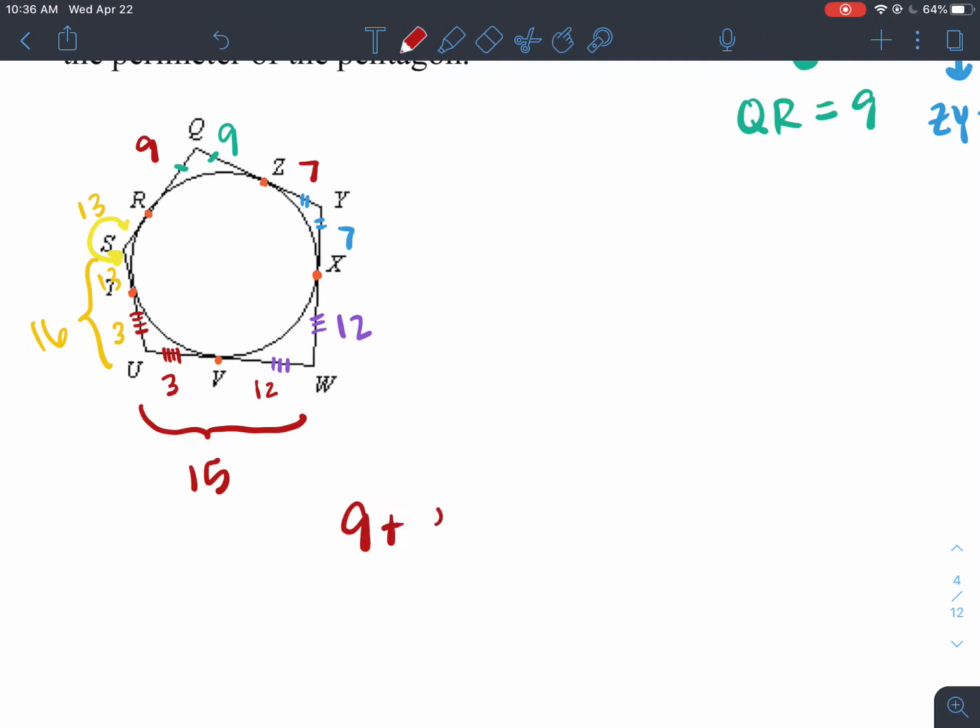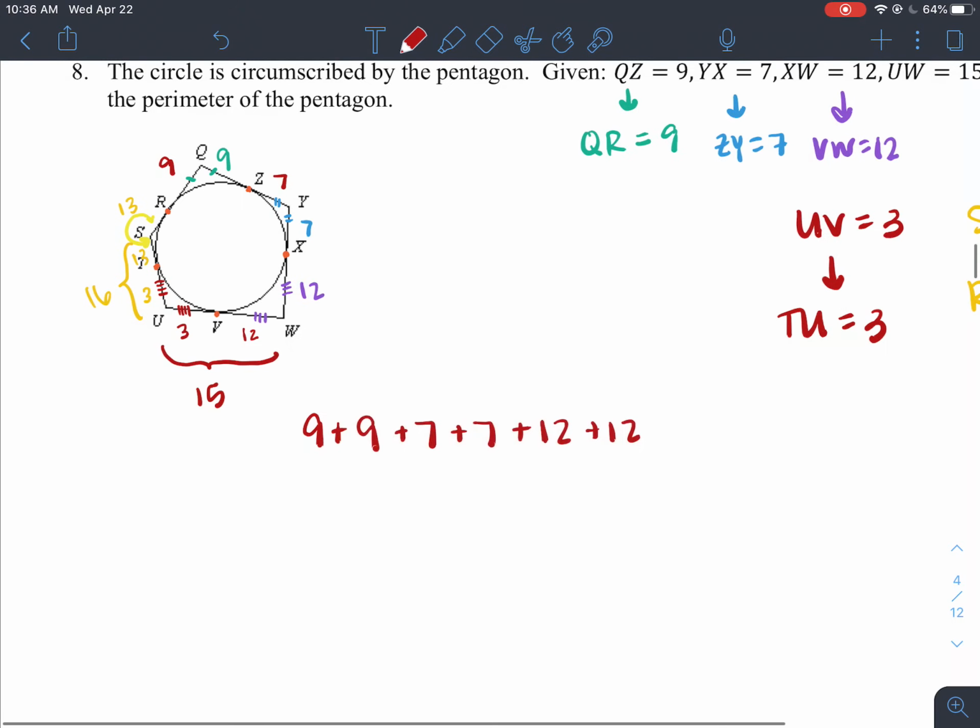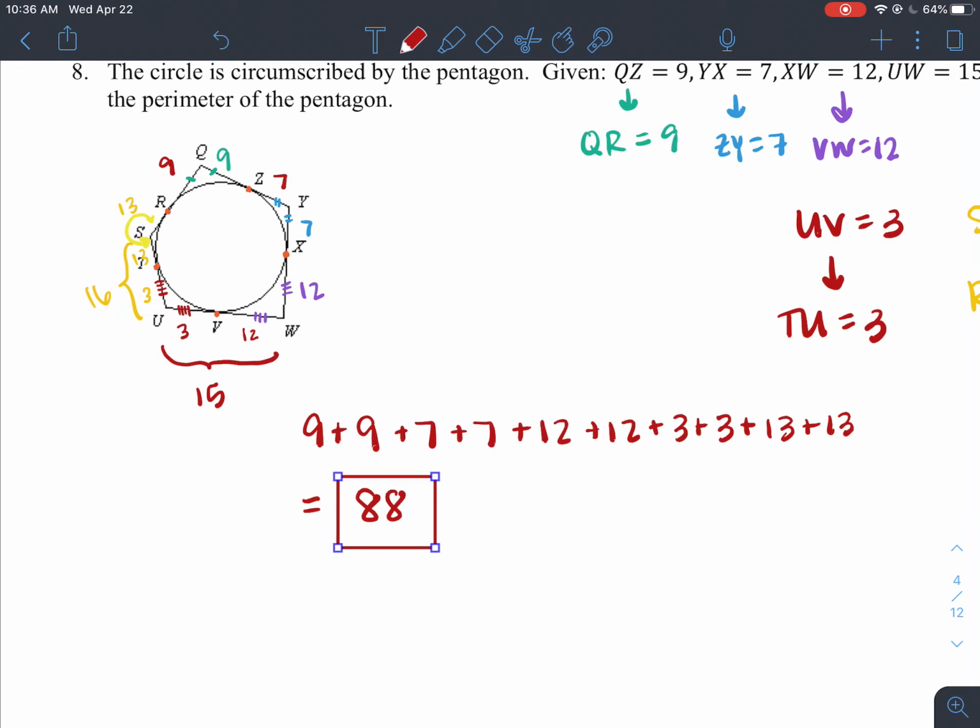So I have 9 plus 9 plus 7 plus 7 plus 12 plus 12 plus 3 plus 3 plus 13 plus 13 all together gives me 88 as my perimeter.